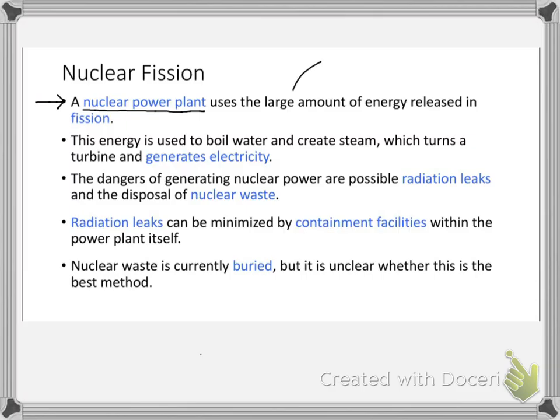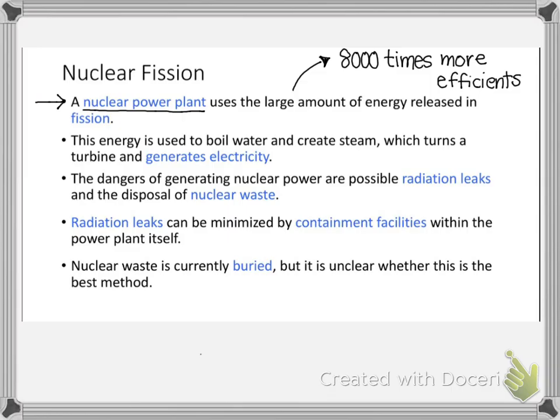In fact, if you compare it to something like coal, which is another source of energy in electrical power plants, it's 8,000 times more efficient. So this is an advantage to nuclear reactions for power plants because they are very efficient at producing energy.